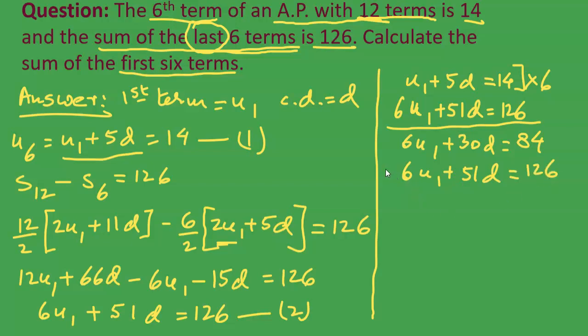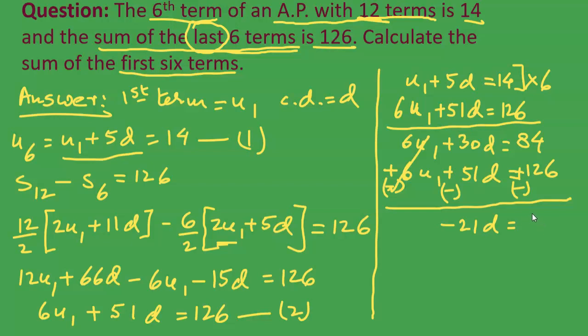Okay, and I'll be using the elimination method. You can go for the substitution method. The selection of the method is not important. Getting the correct value is important. So 30d minus 51d, that is minus 21d, is equal to 84 minus 126. What is this equal to?